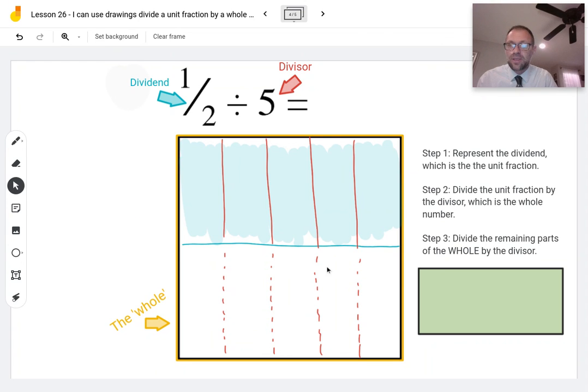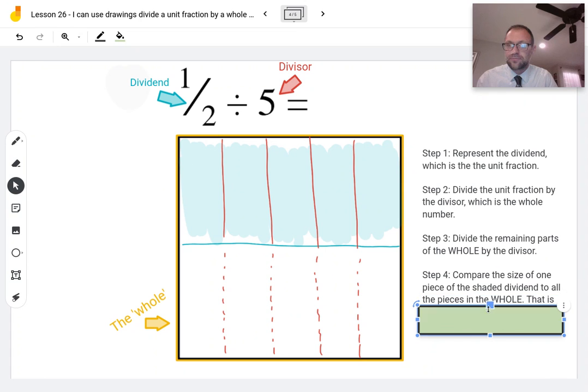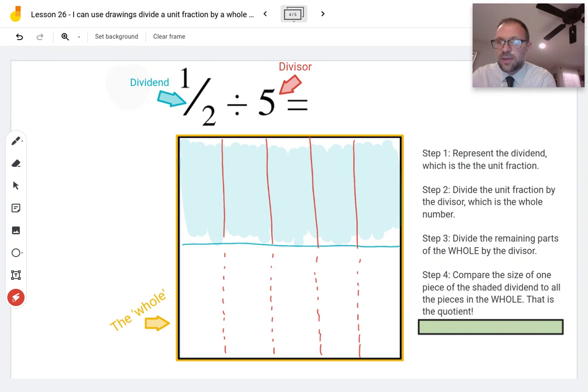So go ahead. Step 4 says, compare the size of one piece of the shaded dividend. Here's the shaded dividend. And here's one piece of it. Compare the size of that piece to all of the pieces in the whole. What is the quotient of this problem?